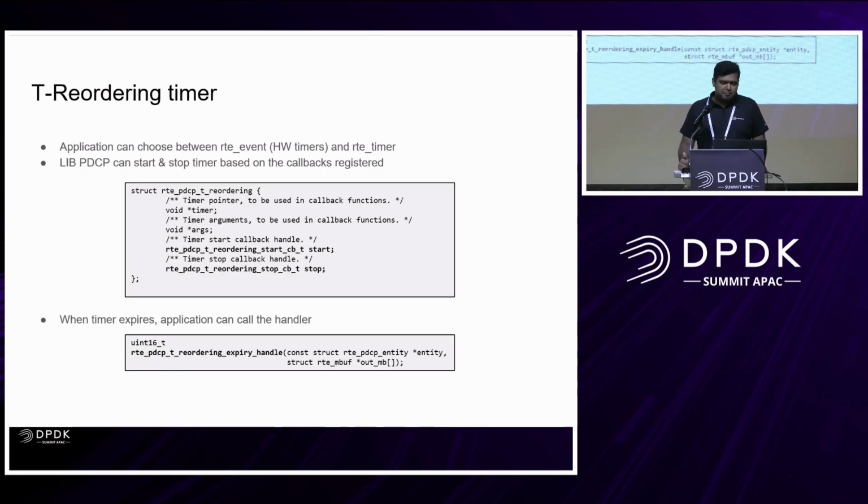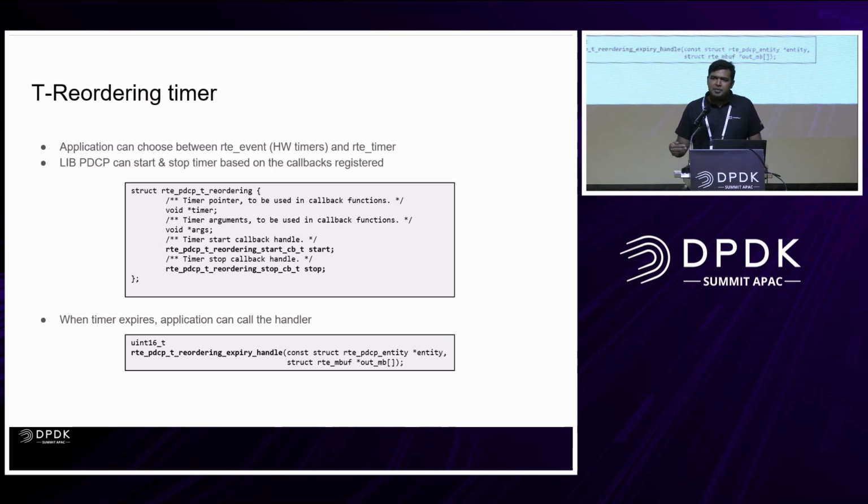Okay, timer. Earlier we discussed the timer. This was a major challenge when we started integrating, because the timer is actually started and stopped at the PDCP level. Earlier we saw that the timer would get started or stopped as part of the post processing.